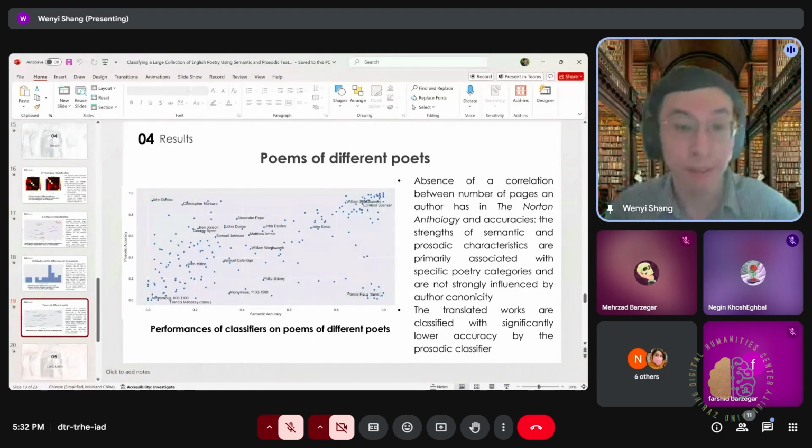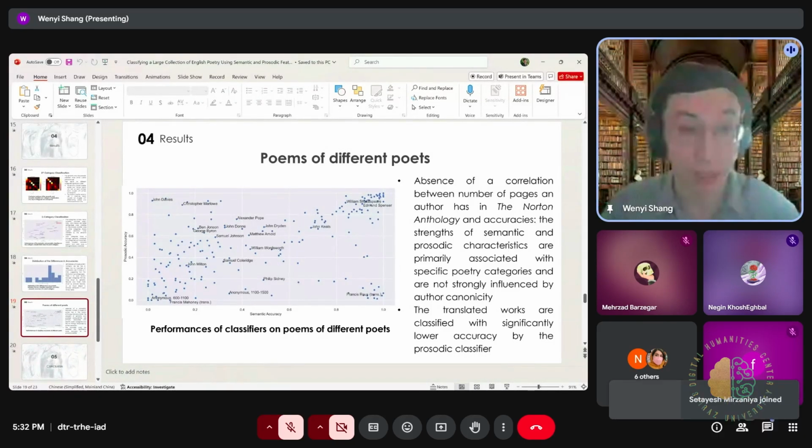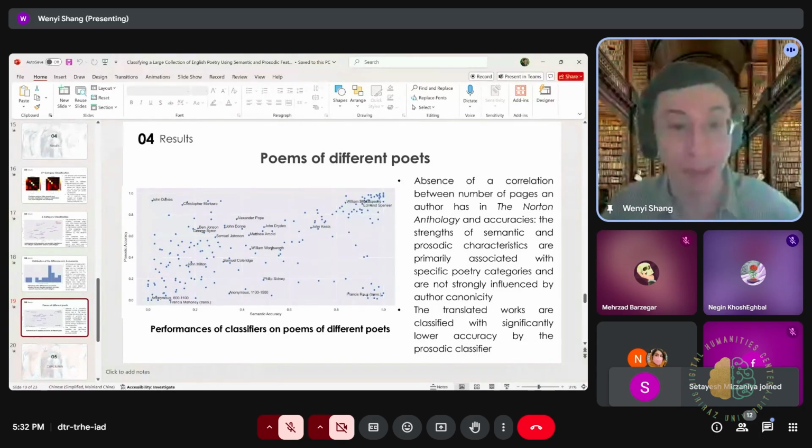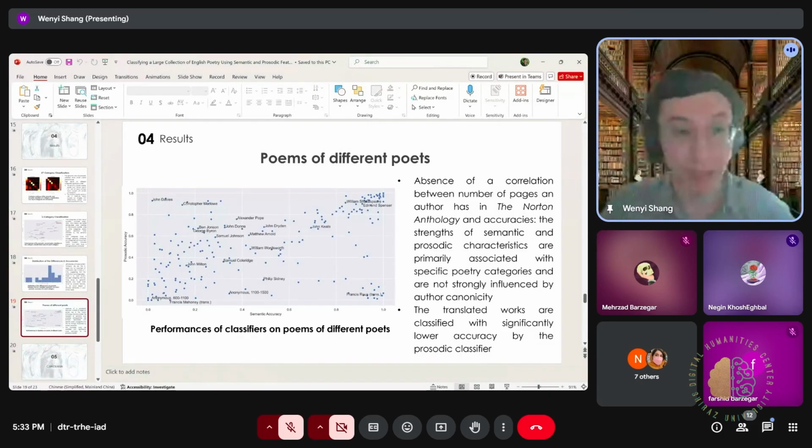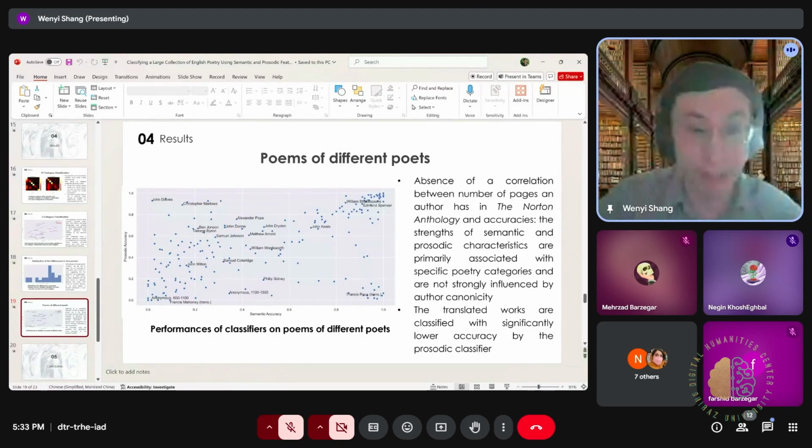There could also be different cases for different poets, like Christopher Marlowe, another significant early modern English poet. He can be very well classified by the prosody he's using, but not by the words he's using, the semantics. On the other hand, John Keats, a famous romantic poet, can be better classified by the words he's using, but not necessarily very well. Or let's say Philip Sidney, in the bottom right, can be better classified by the words he's using, but not by the prosody he's using.